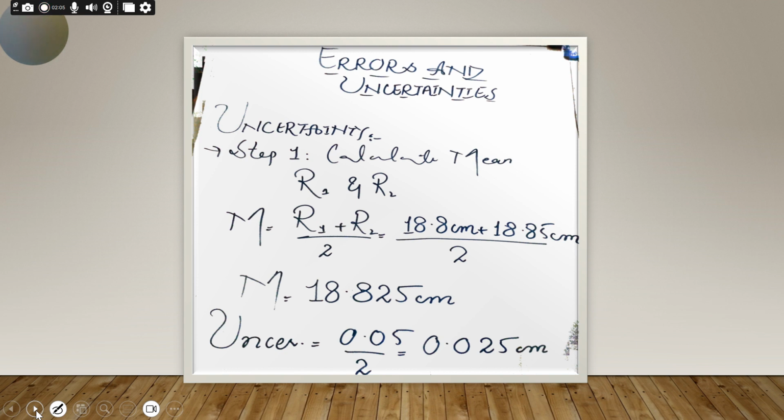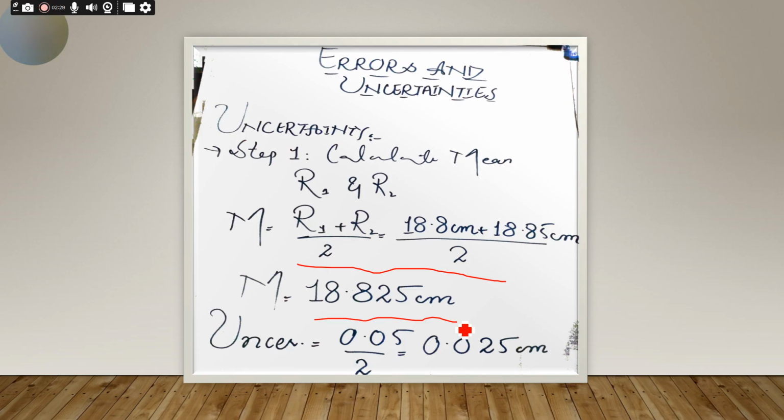It gives us our best guess of what the actual length might be. So we add both readings and then divide them by 2. So here we are talking about this step. And then we get our mean value, which is 18.825 centimeter.